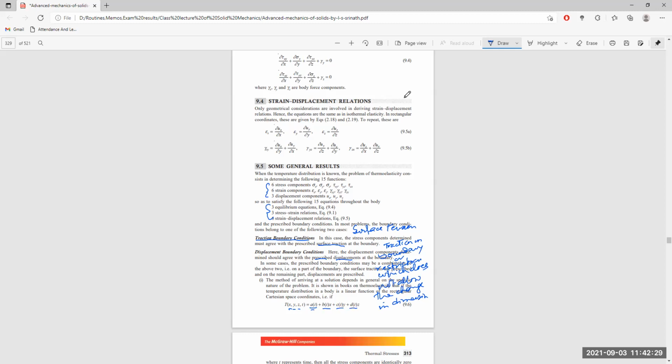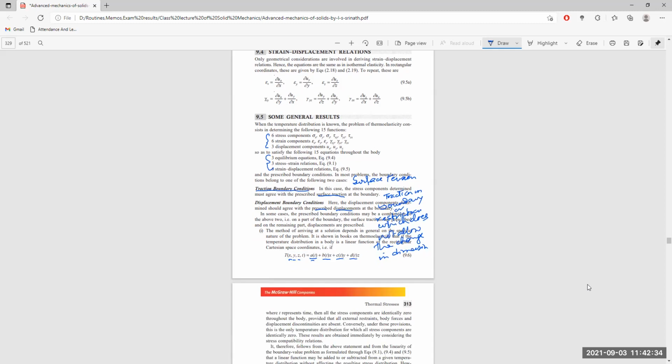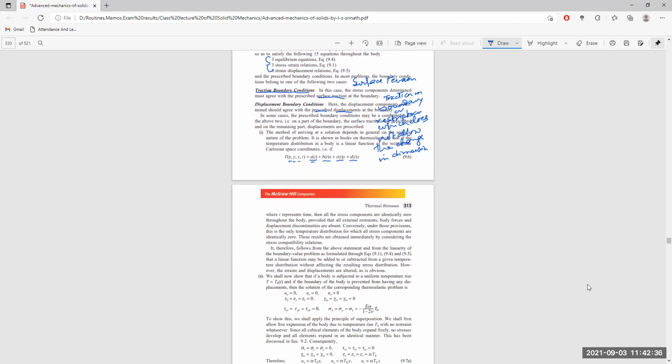This is the temperature distribution with a linear function of Cartesian space, which does not depend on a cylindrical distribution but on the Cartesian distribution.